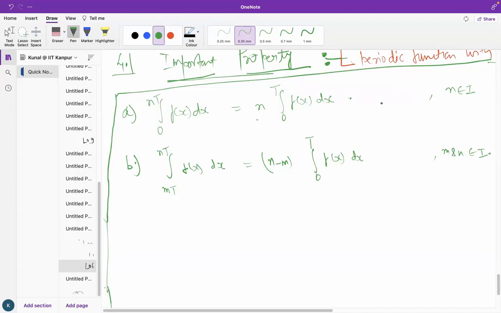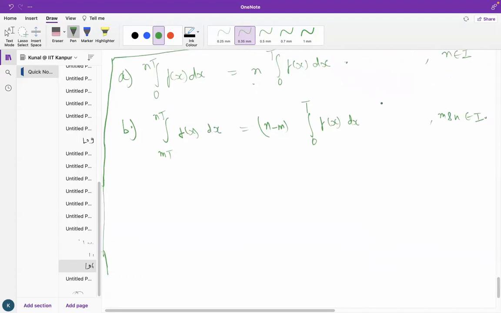So again, what I'm doing here is subtracting the number of times the period and just integrating in one period and multiplying it by n.